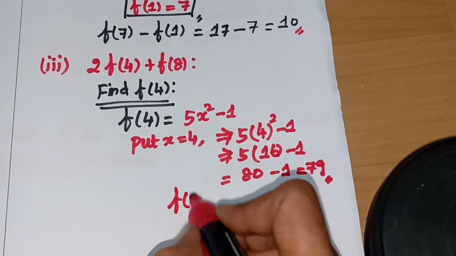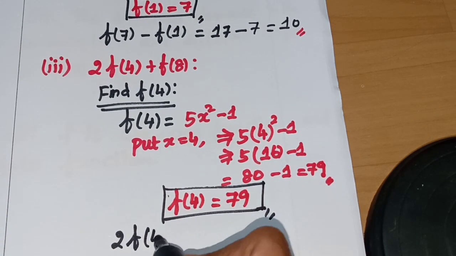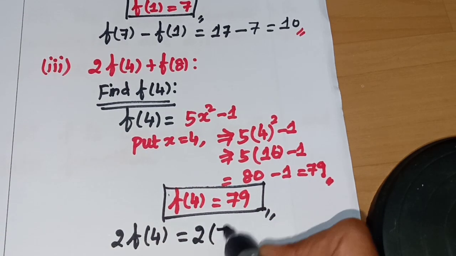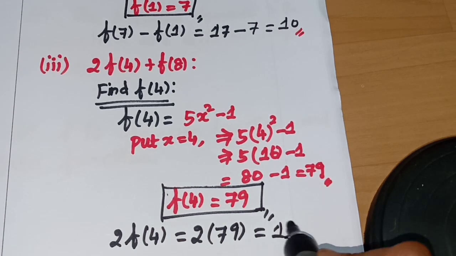F of 4 equal to 79. 2 into f of 4 equal to 2 into 79 equal to 158.